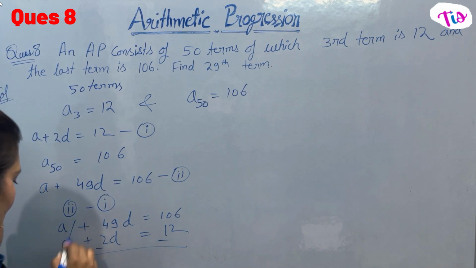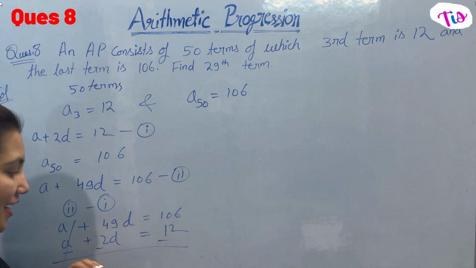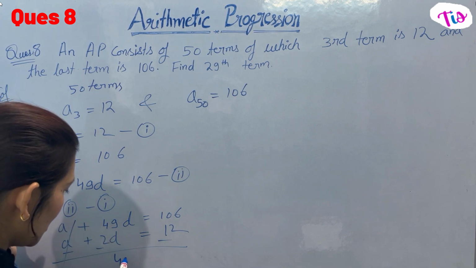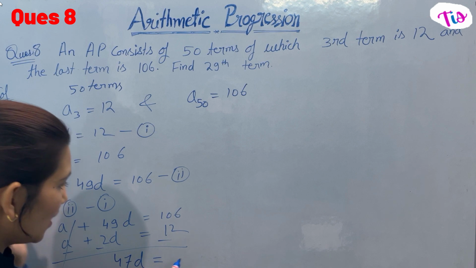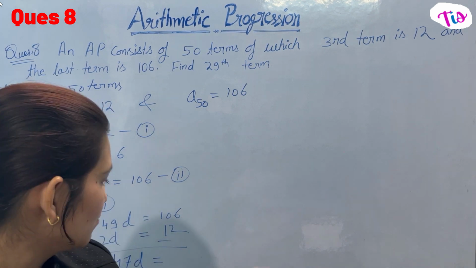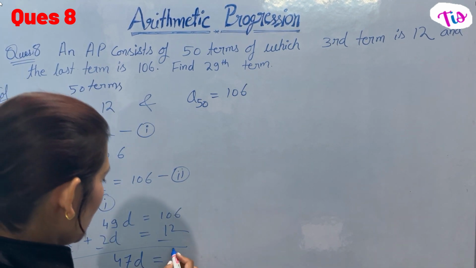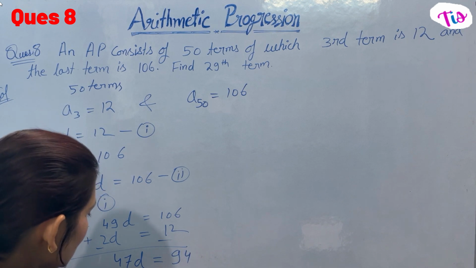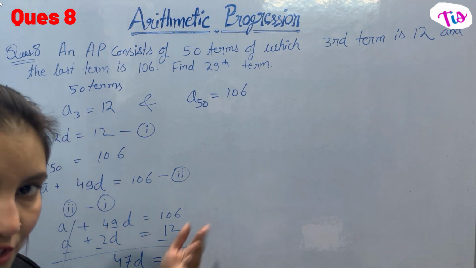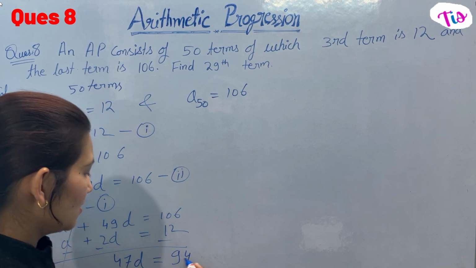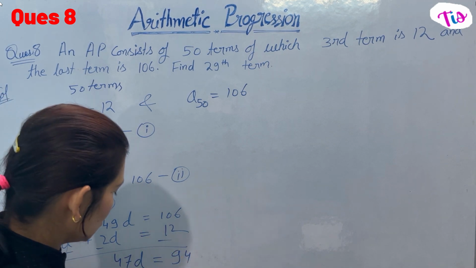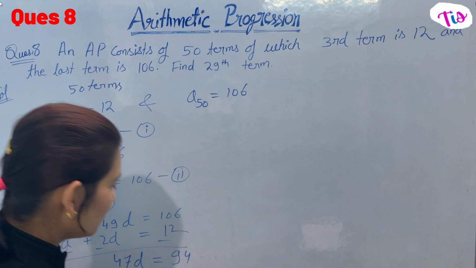Now a cancels a. 49 minus 2 is 47d, and 106 minus 12 is 94. Now d is equal to 94 upon 47. 47 two times is 94, so 94 divided by 47 is 2. So the value of d, the common difference, is 2.